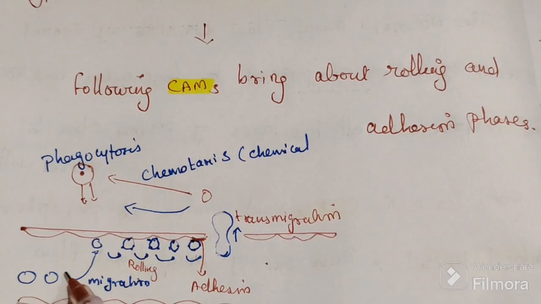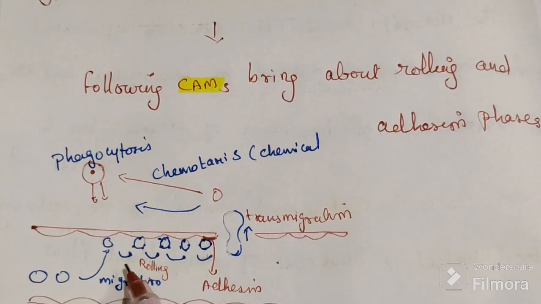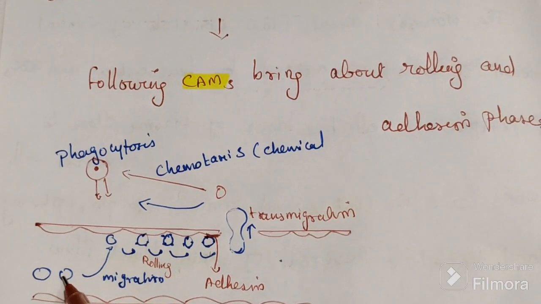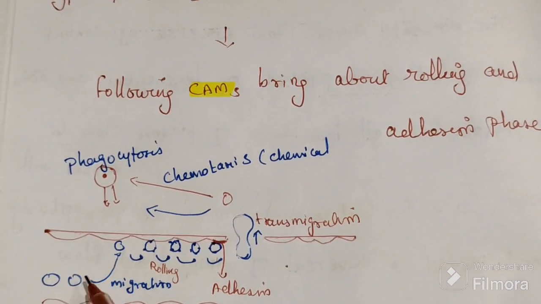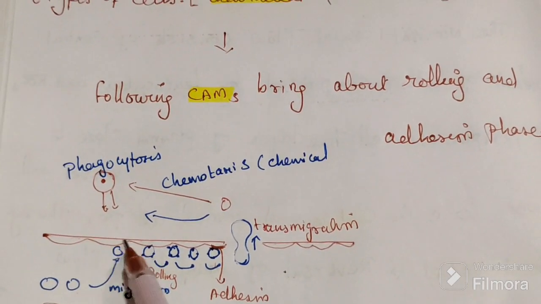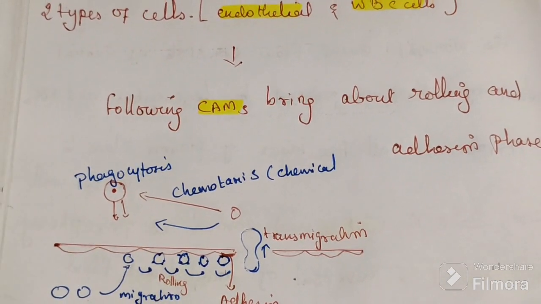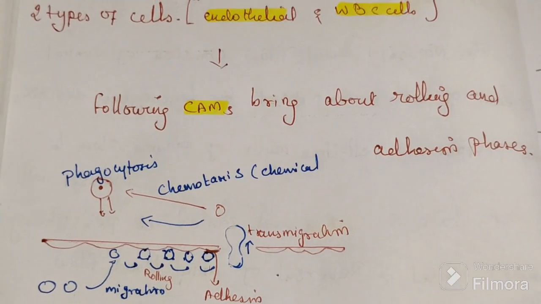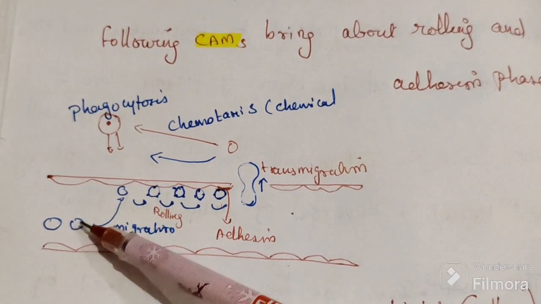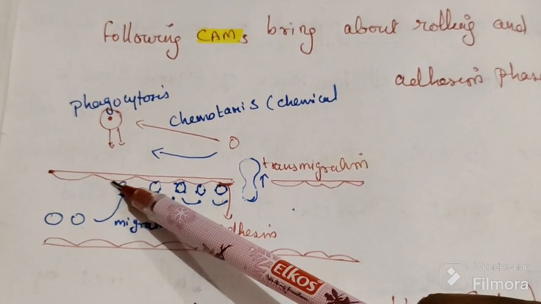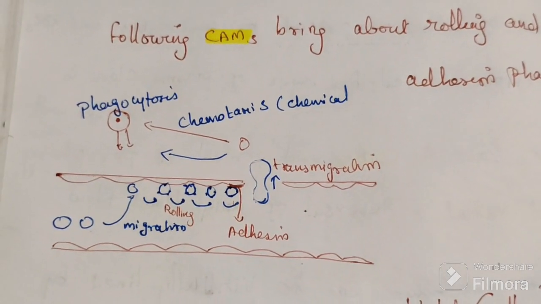So the WBC has receptors and the periphery also has receptors. Like that, the endothelial cell, the wall of the blood vessel, also has receptors. So because the WBC has receptors and the endothelium has receptors, both interact, so bonding occurs.